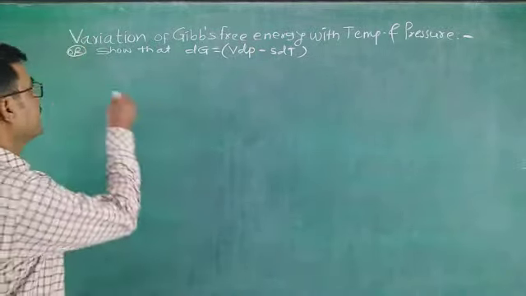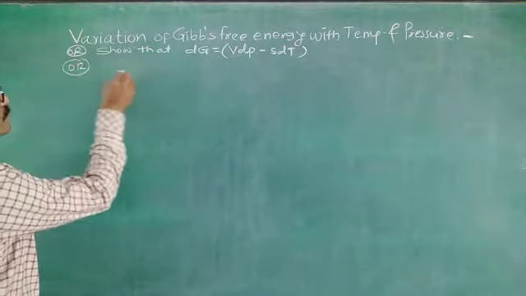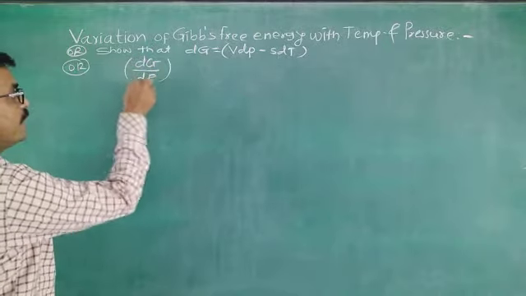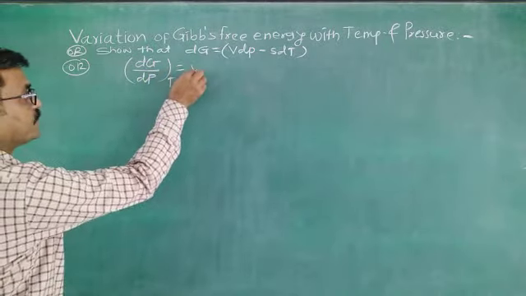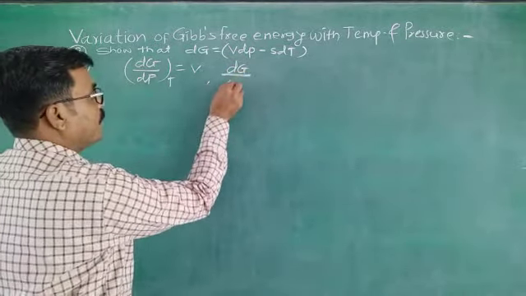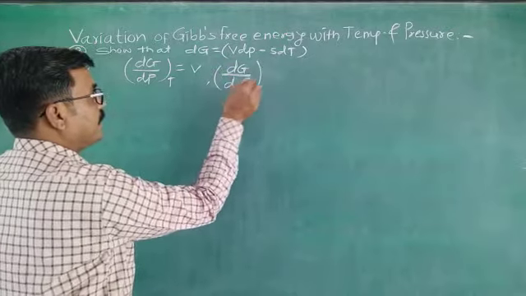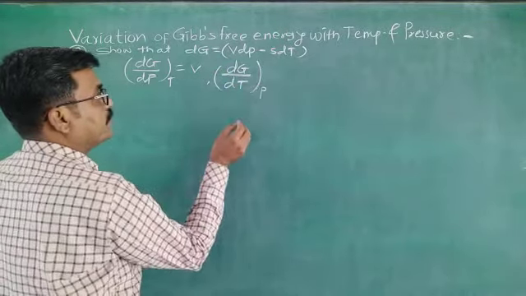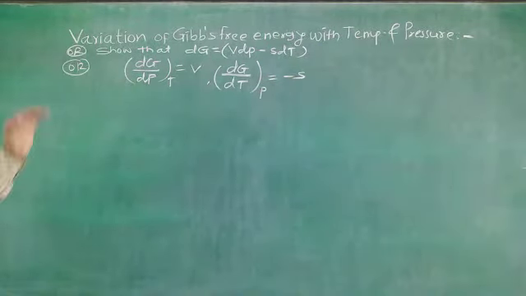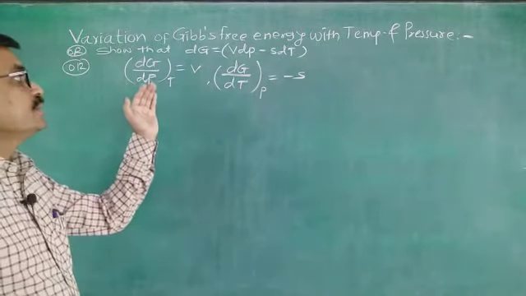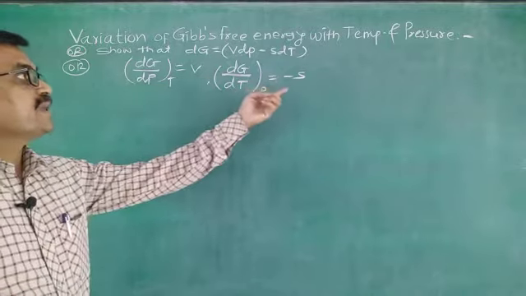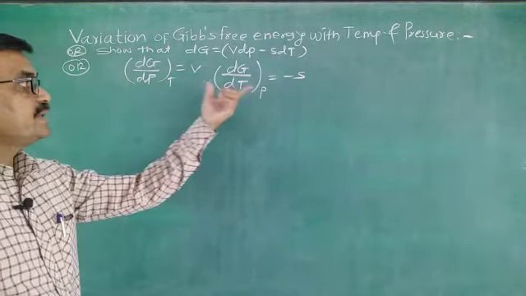Or it may be asked as: dG upon dP at constant temperature is equal to V, and dG upon dT at constant pressure is equal to minus S. In this way we have to show V and minus S.